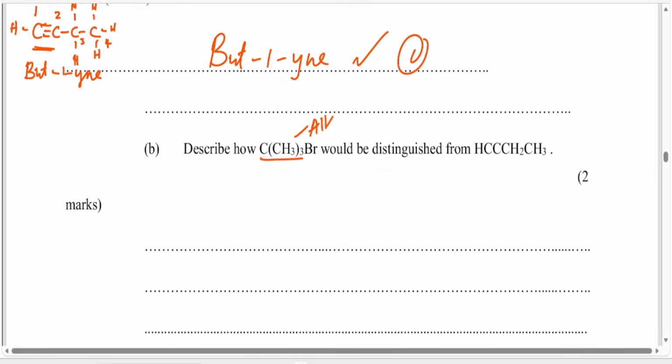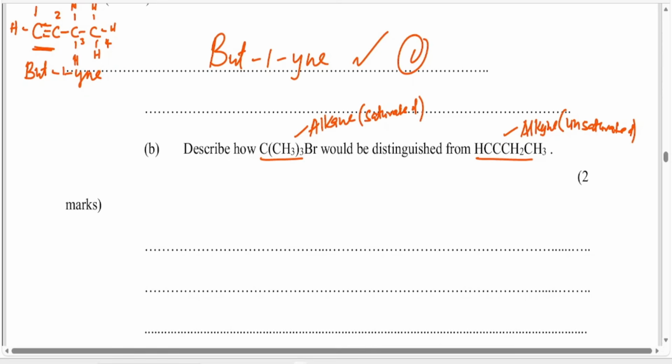It is a compound of alkane. Alkanes are said to be saturated. Then this but-1-yne is an alkyne and it is unsaturated. Unsaturated is because of the presence of the double or triple bond. Saturated has only a single bond between the carbon atoms.